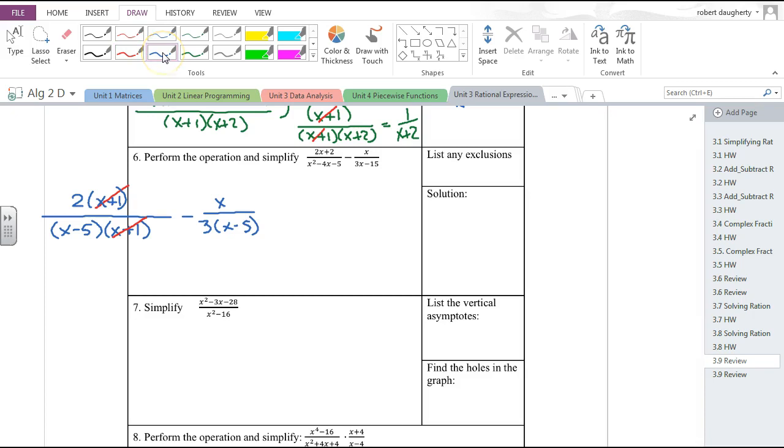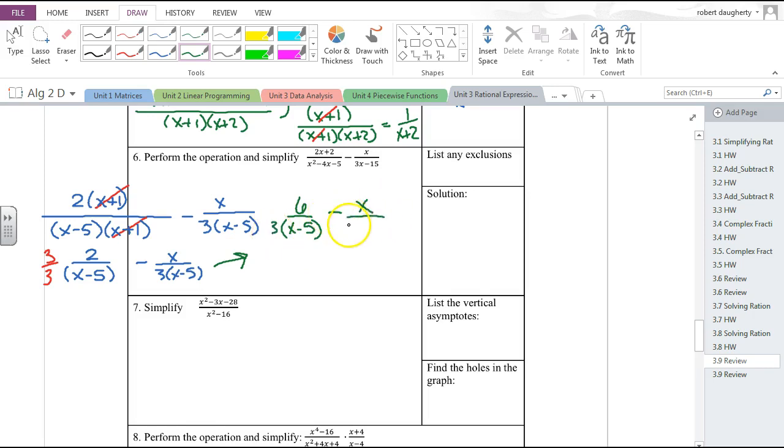So this problem turns into 2 over x minus 5 minus x over 3 times x minus 5. Common denominator is going to be 3 times x minus 5. So I need to multiply this first fraction by 3 over 3. And when I do that, I end up with 6 over 3 times x minus 5 minus x over 3 times x minus 5.